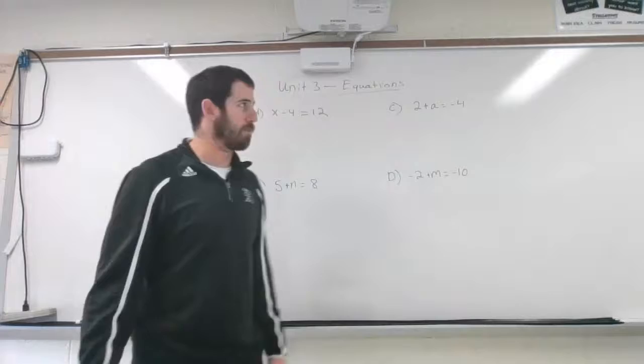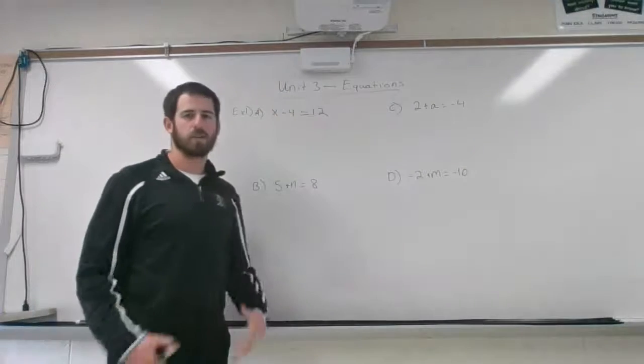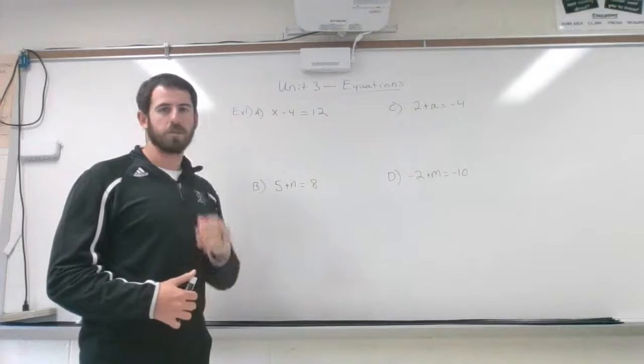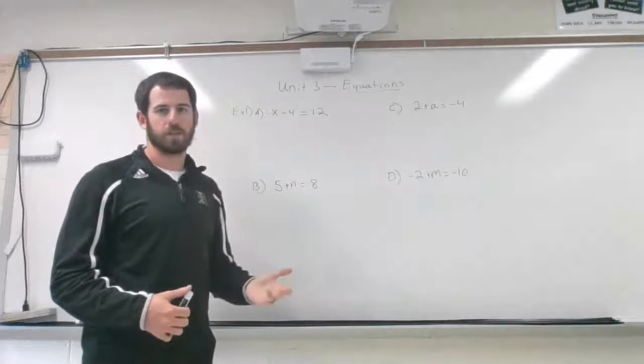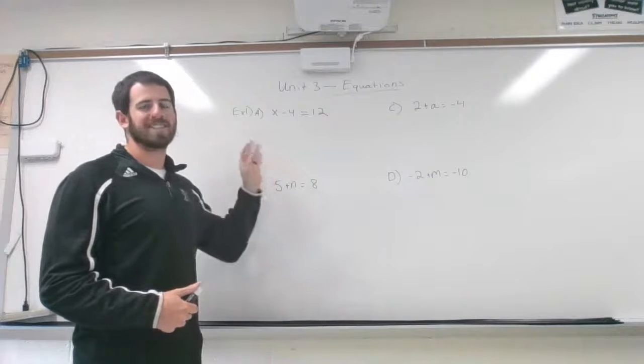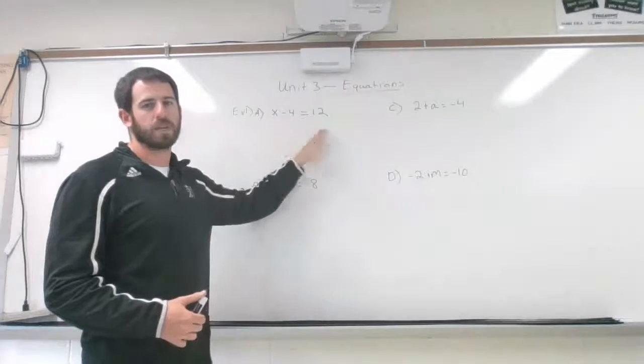So, in example 1, we have x minus 4 equals 12. Okay, our goal in any equation is to get the variable by itself. We do that by moving things around our equation. How we move things is by doing the exact same thing to both sides.